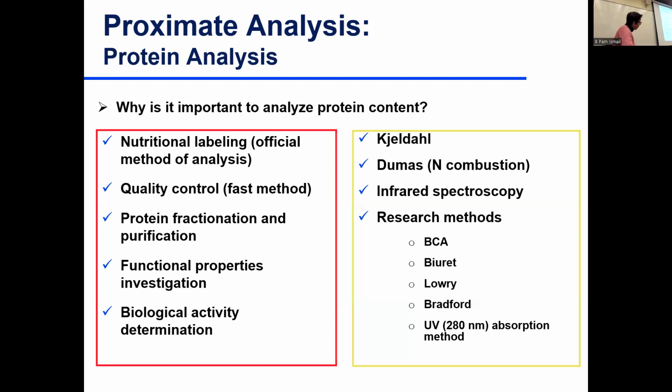Okay, there are other methods. The list is very, very long, and we call them research methods because you require the sample to be really pure and without interferences. So normally for a complex food sample, we do not use methods that rely on a chemical reaction that potentially results in a compound that absorbs light.